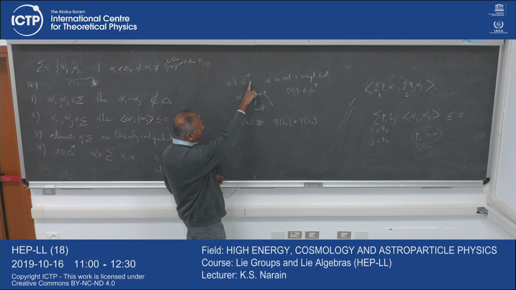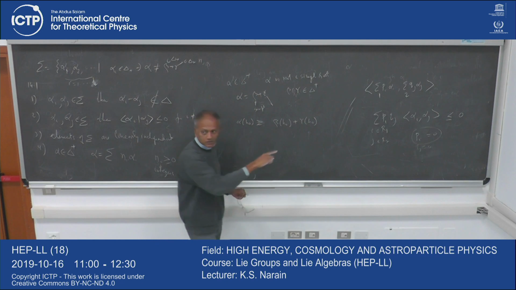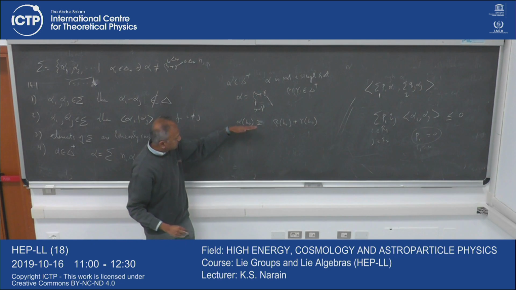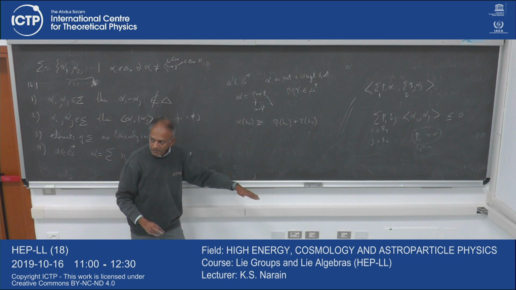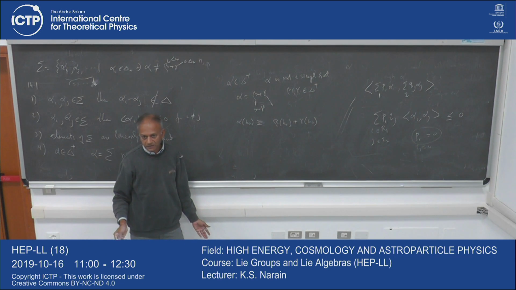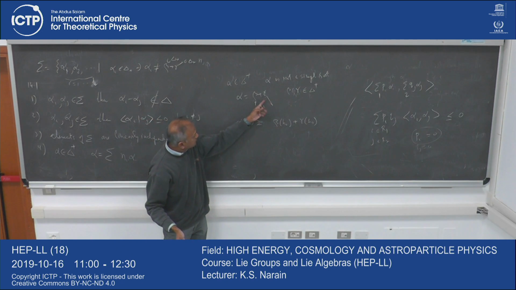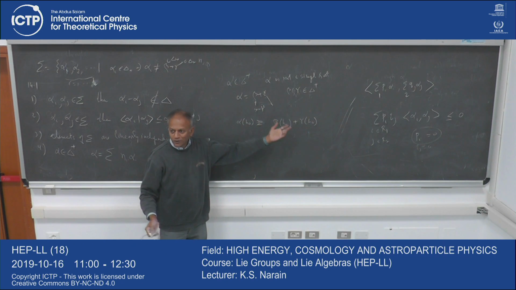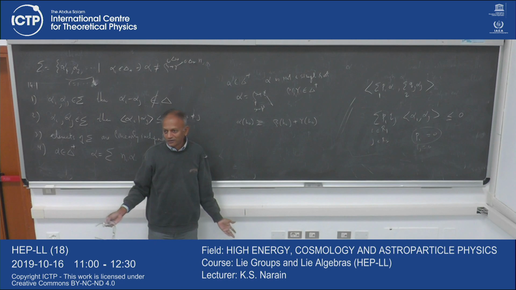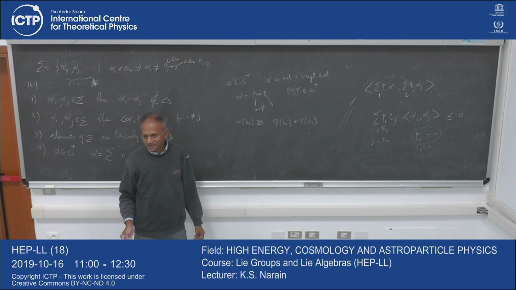And these are all positive roots, so these are all greater than or equal to 0. So at every step, this value is going smaller and smaller. But we are talking about a finite dimensional system anyway, so there are only a finite number of roots. At some point, when you try to rewrite this as linear combinations of positive roots, those positive roots will again become simple roots. There's nothing more you can do.